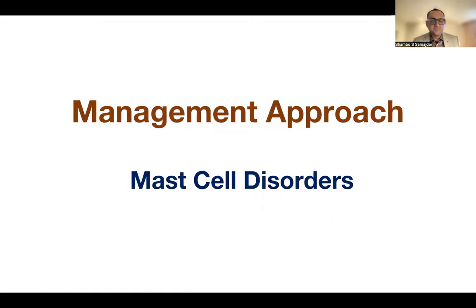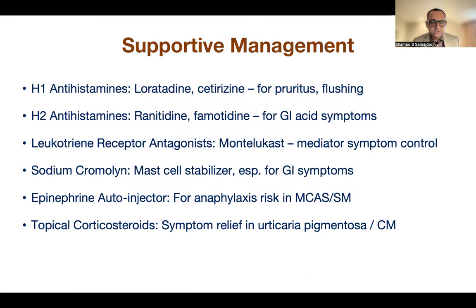So finally, how to manage the mast cell disorders? Of course, we can provide supportive management. For example, H1 antihistamine for pruritus and flushing symptoms, H2 antihistamine for GI acid-related distress, and the leukotriene receptor antagonist montelukast, because that will also block those leukotriene mediators and provide us symptom control.